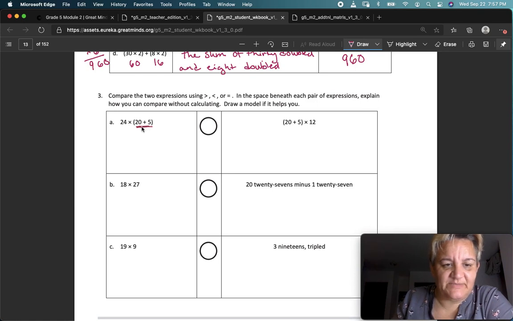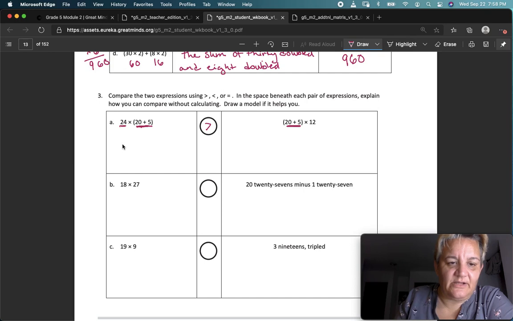This side is 20 plus 5, and that side's 20 plus 5. So those are equal. But this one is multiplied by 24, and this one is multiplied by 12. Well, which is the bigger number there? 24, right?